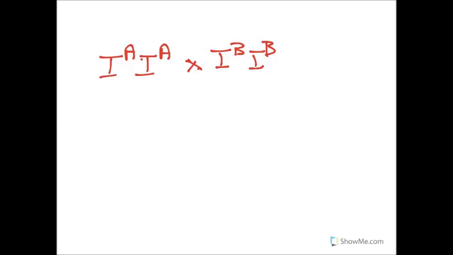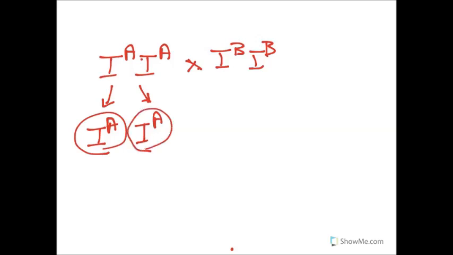This being a single gene cross, this has two options for making gametes. It will produce gametes only with that or that in it. So sperm and egg would be carrying that. Same goes for here. There's only one kind of gamete that a homozygote can make.